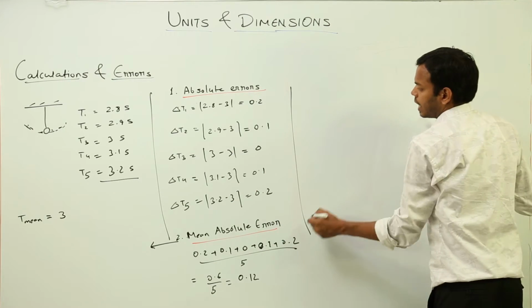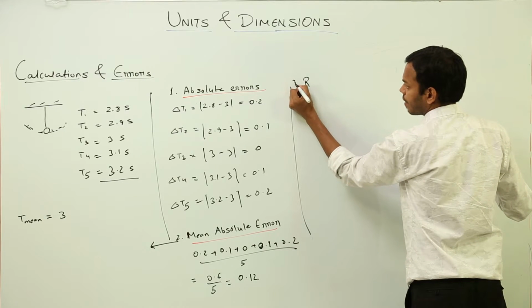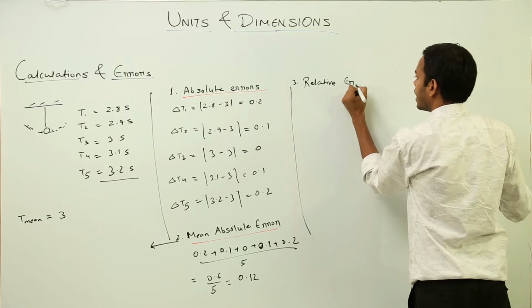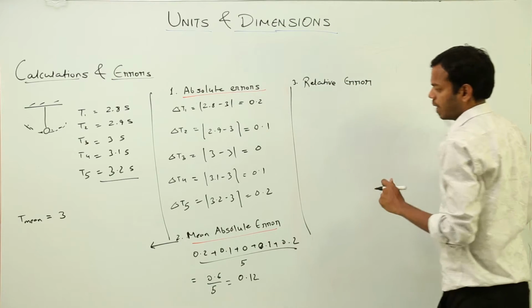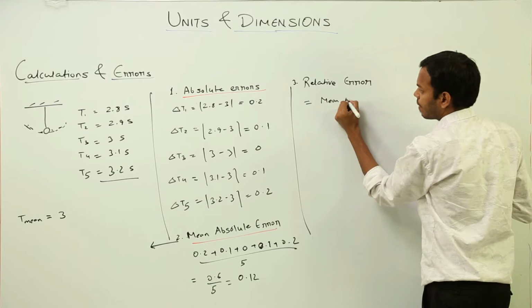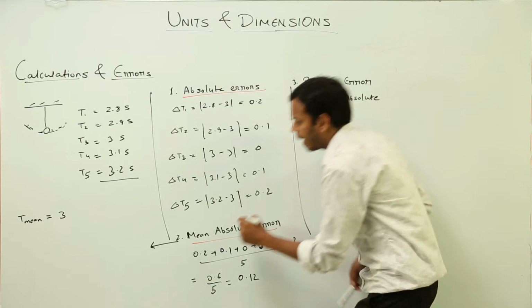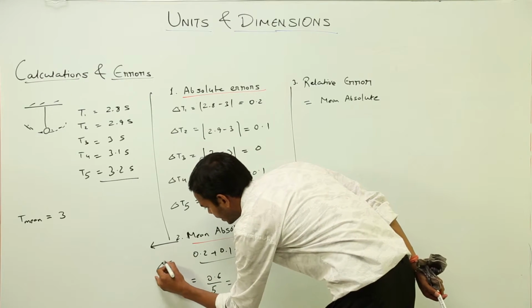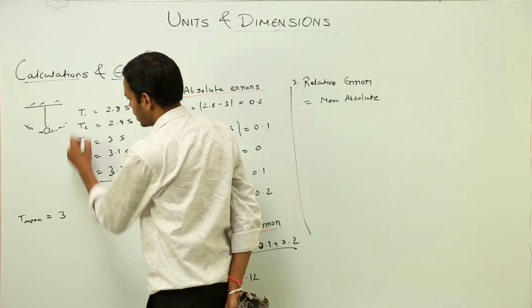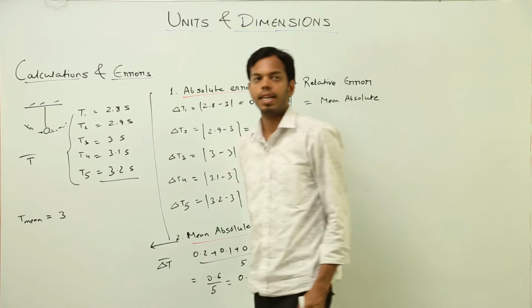Then the next type of error is called relative error. Relative error has a very simple formula, which is mean absolute error divided by the mean value. I should denote the mean absolute error by delta t bar, because if these are the 5 observations, then the mean value is often denoted by t bar.